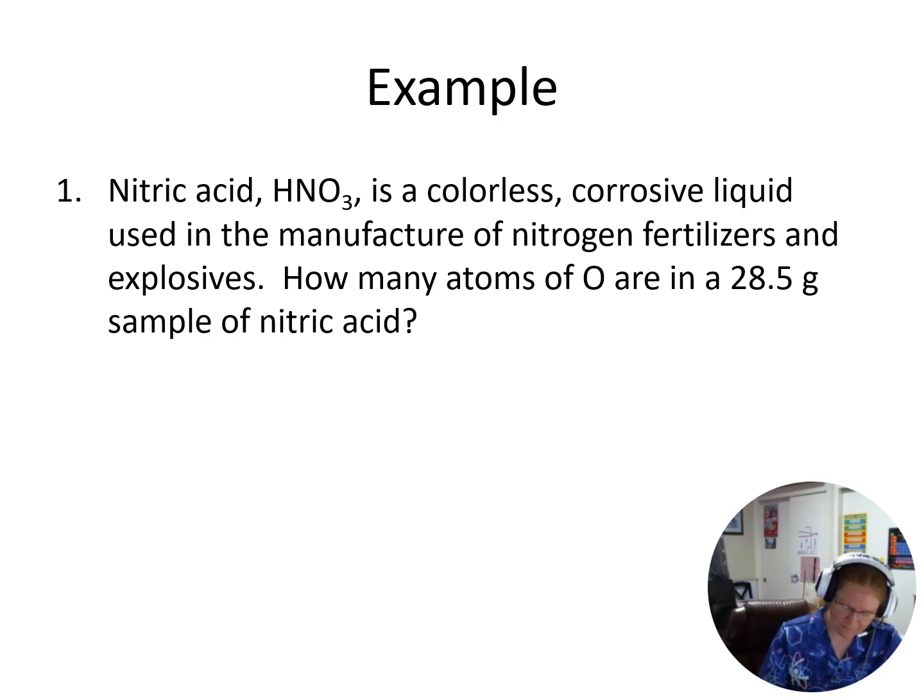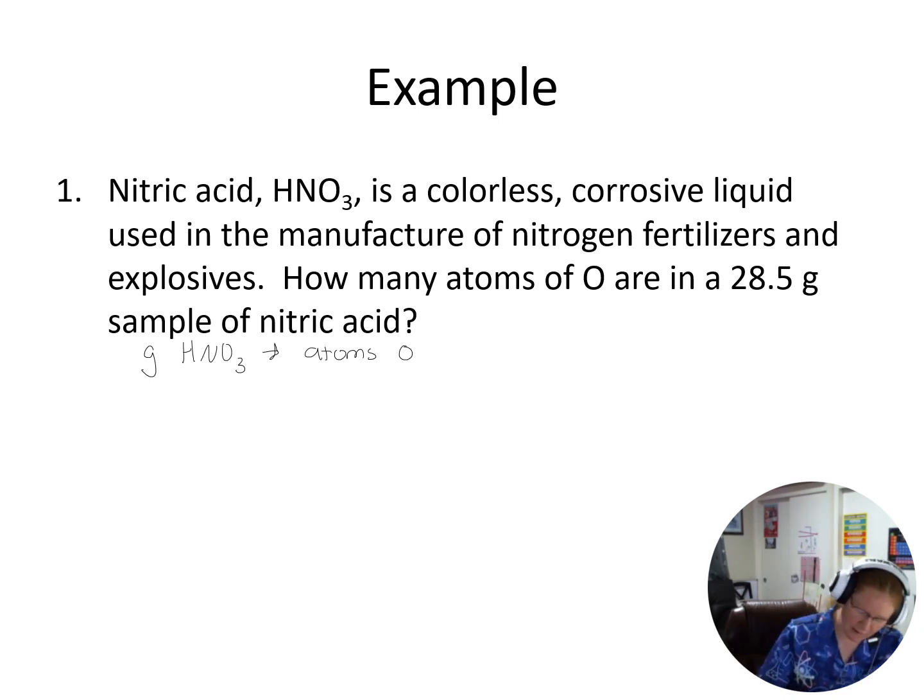So we're starting with grams of nitric acid. And we need to get atoms of oxygen. Okay? So how do we do this? Well, we know that we have a different number of grams and everything. So we have to go through moles.